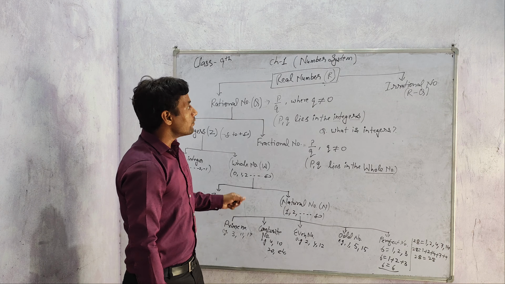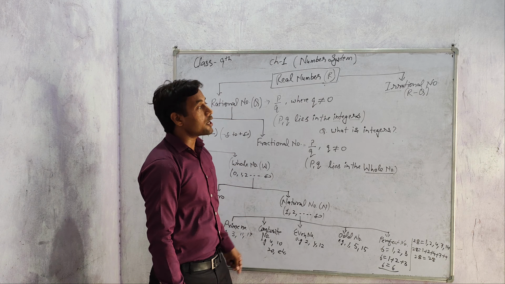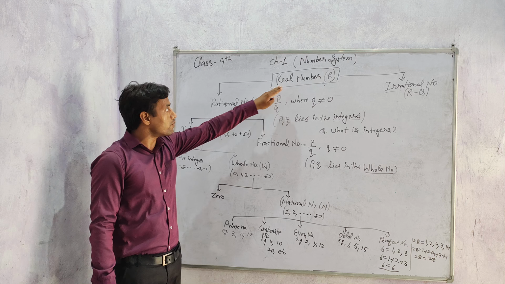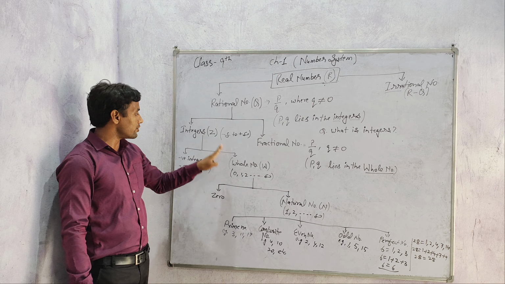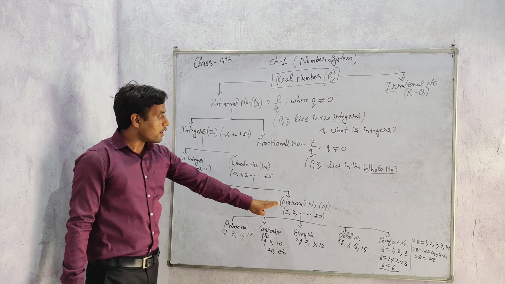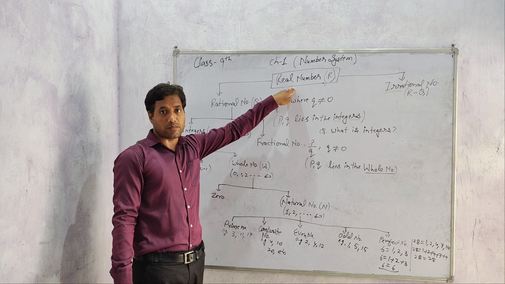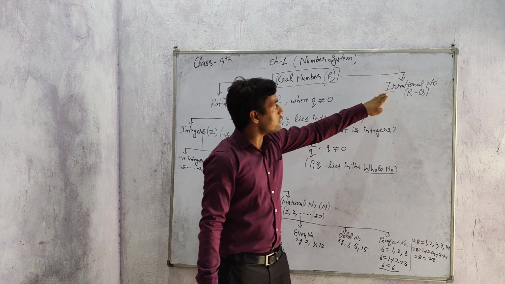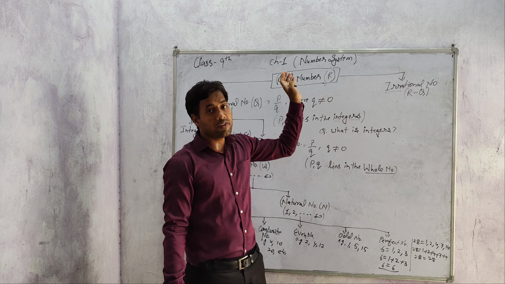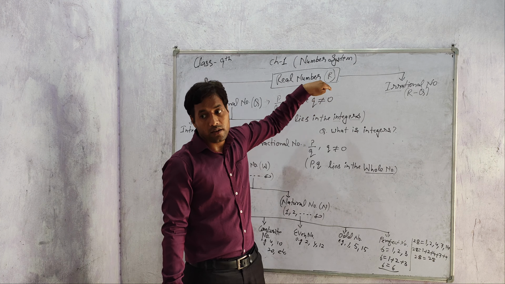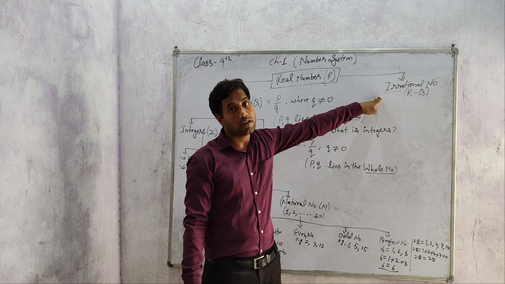Okay. Now last it turns to irrational numbers. You all know that rational numbers, integers, whole numbers and natural numbers all belong to the real numbers. But what are irrational numbers? In real numbers, if we subtract all rational numbers, the remaining numbers are irrational numbers.